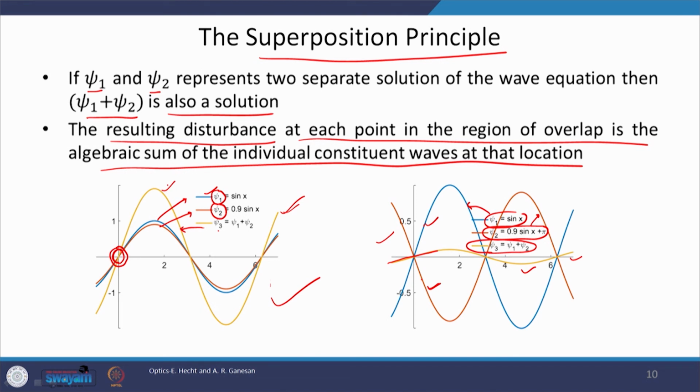It means the resultant will always depend upon the relative phase of the waves which are overlapping in time or in space. This is all that the superposition principle tells.